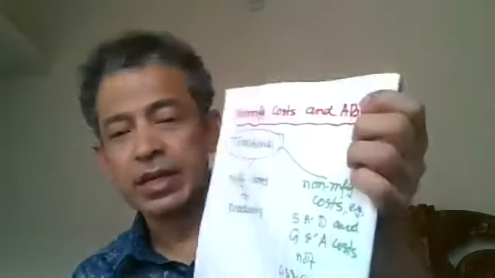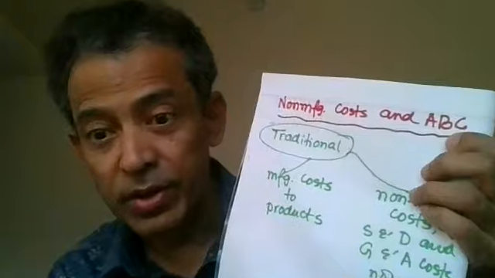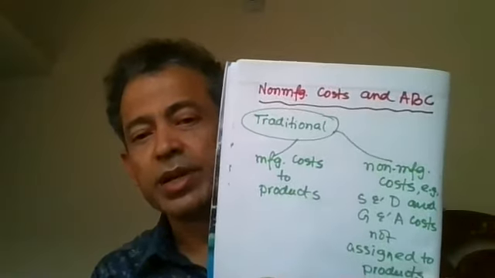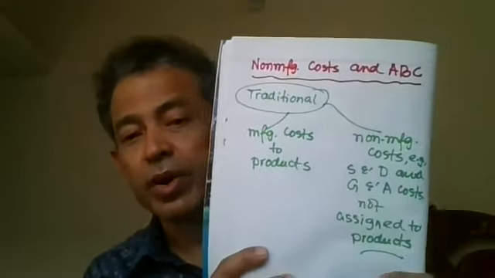But here we say non-manufacturing costs, e.g. S&D and G&A, general and administrative, under traditional ones are not assigned to products. We know that. But in ABC, we're going to do it.